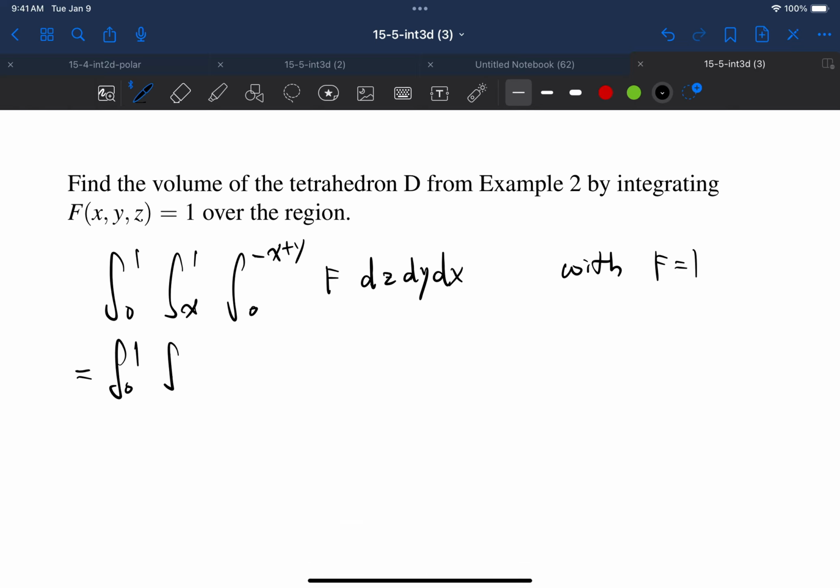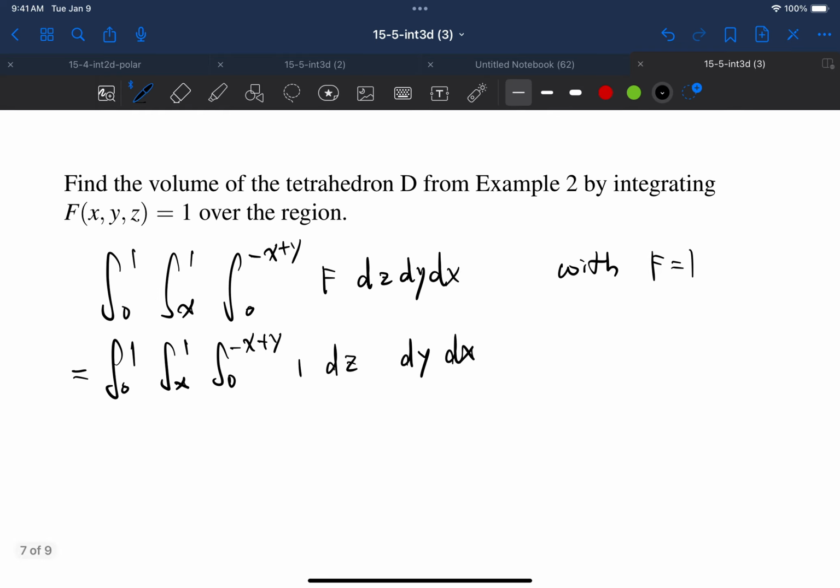Then the computation is doing repeated integrals from the very inner integral to the very outer integral, step by step. So first we do the inner integral.